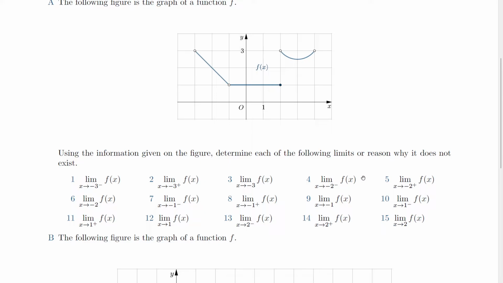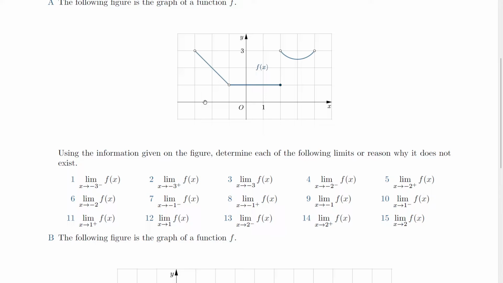Now let us answer this question. Look at this graph again. This is minus 2. I want you to answer the limit of f of x when x approaches minus 2 from the left-hand side. If I am on the left-hand side of minus 2, let us say I am here, the height of the function is this value.